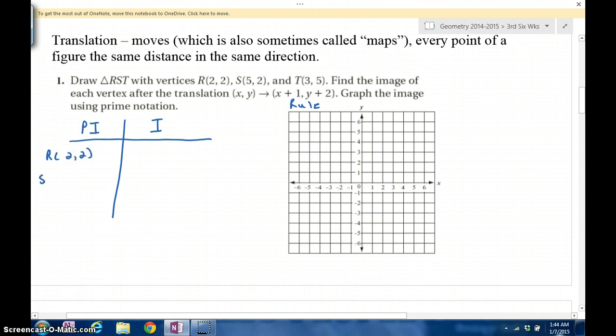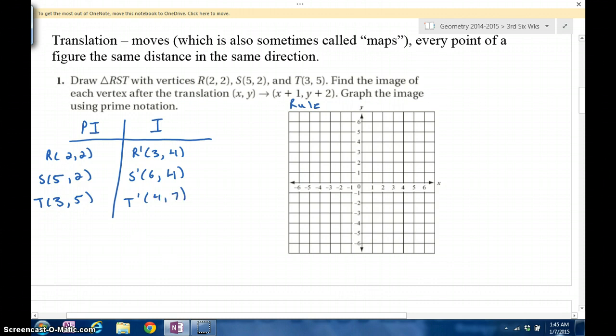We have S being (5, 2), and we have T being (3, 5). All right, so applying the rule, we're going to add 1 to the x value. So R prime is now going to be 3, and we're going to add 2 to the y value, which will be 4. S prime will be 6, and then 4 for the y value, and then T prime will be 4 and then 7 for the y value.